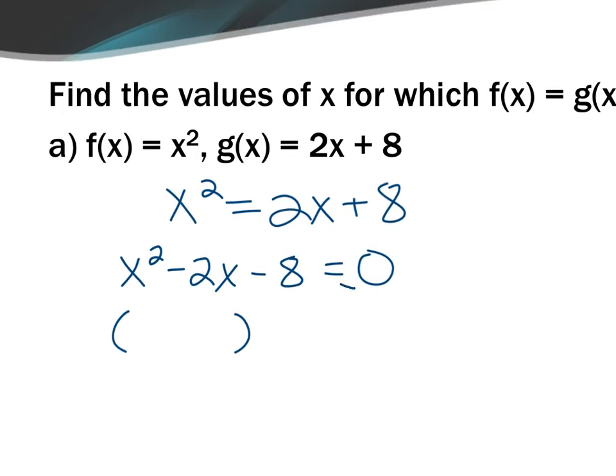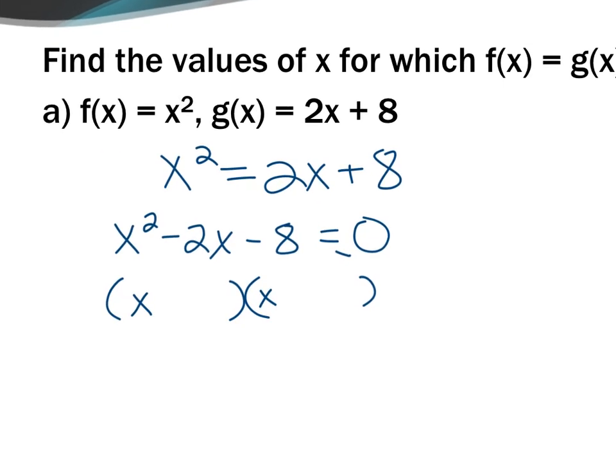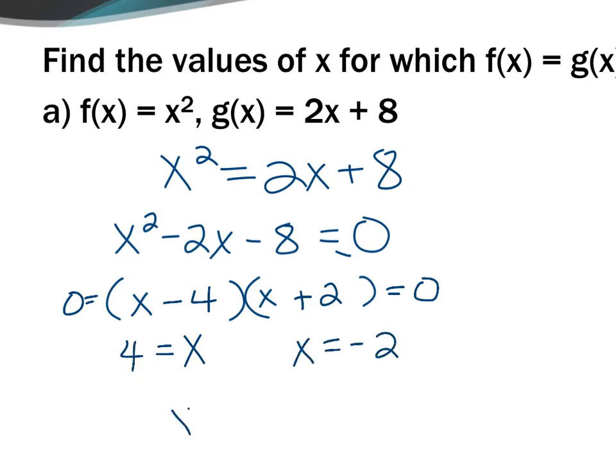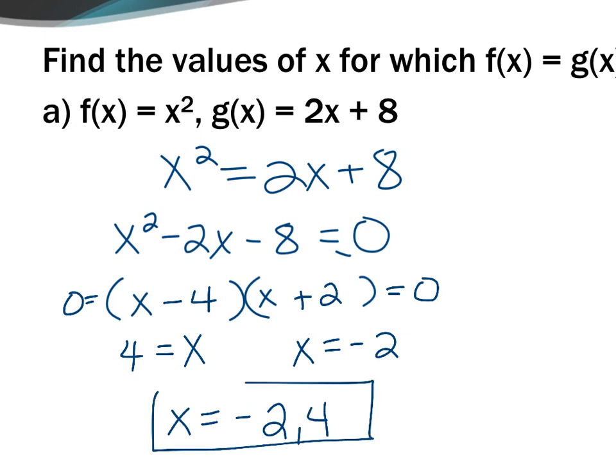And then I'm looking for the factors of negative 8 that sum to negative 2, which are negative 4, positive 2. Set them equal to 0. X would equal 4 and negative 2. So there are 2 values of x that would make these equations equivalent.